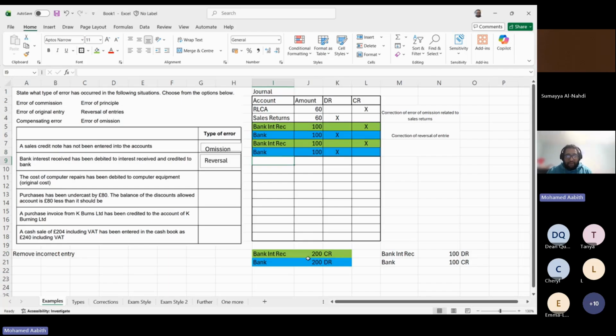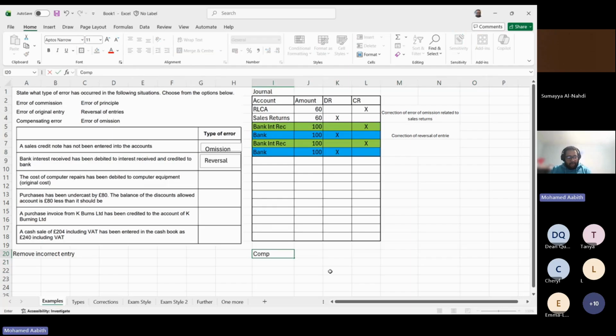So the entry should have been, let me just quickly erase this and blank this, computer repairs debit £100, and bank should be credit £100. This is what should have happened, but instead of that, I put computer at cost.